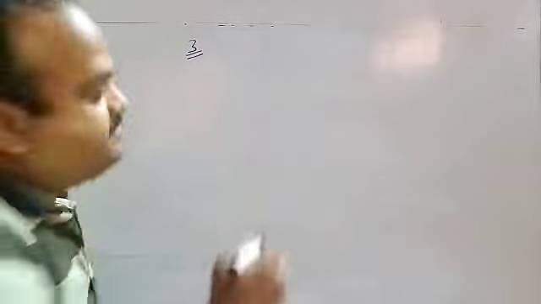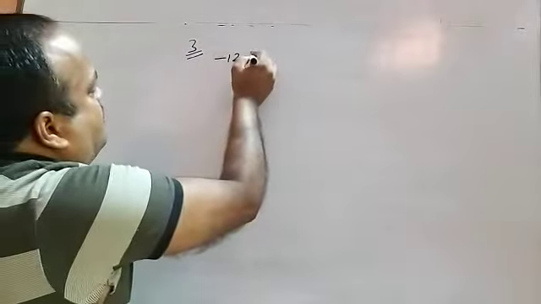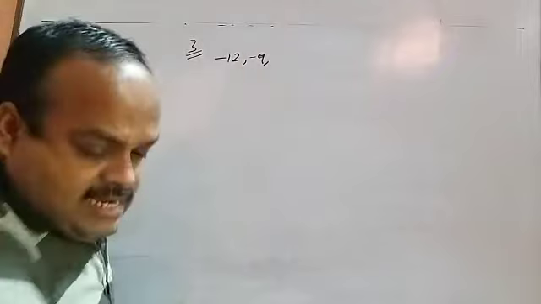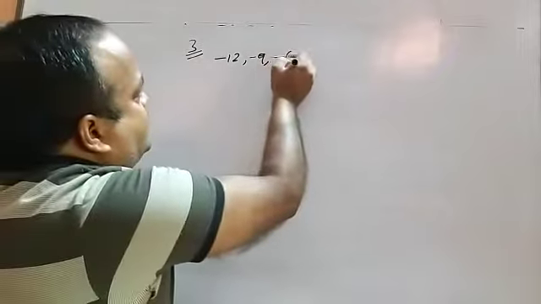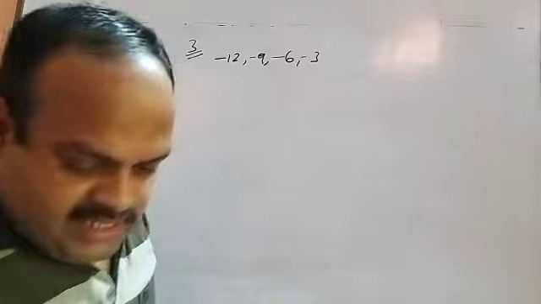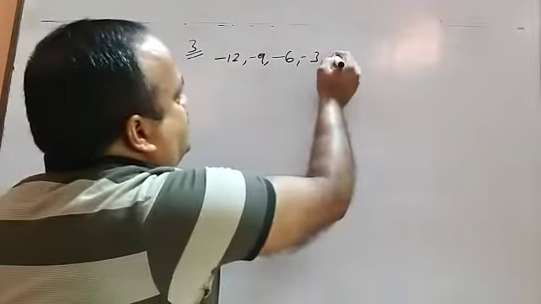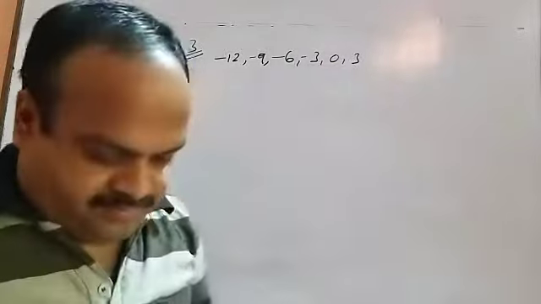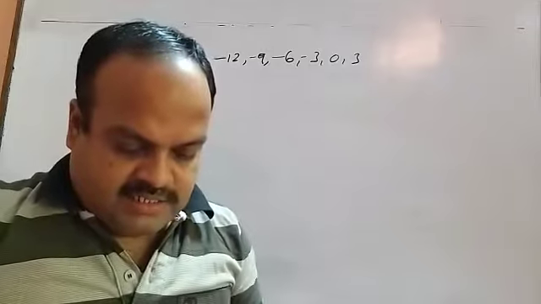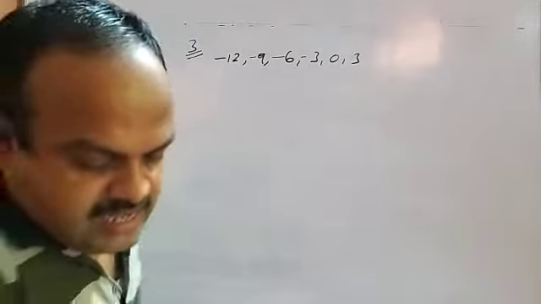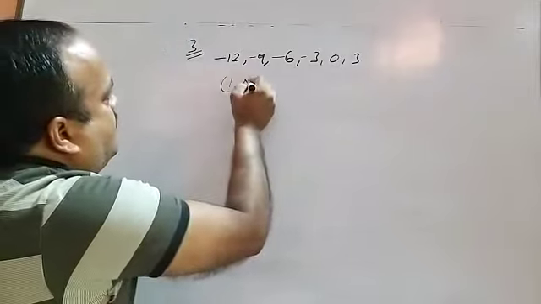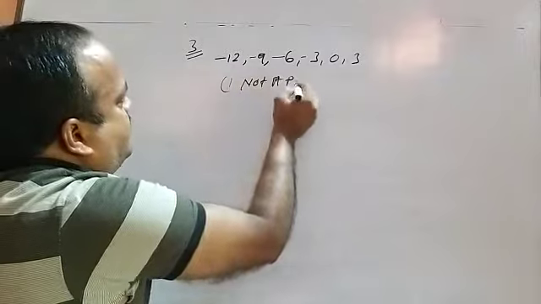The first one: minus 12, minus 9, minus 6, minus 3, 0, 3. Many options we have. Follow. Not an AP.